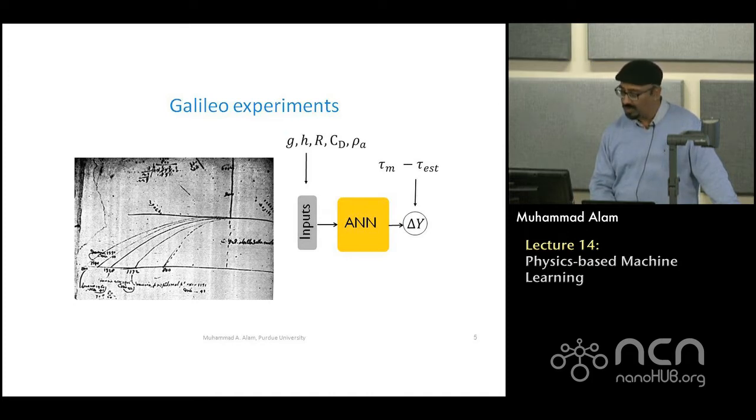The radius of the ball, yes, he knew that, but how it affects things, he did not know. The friction, the drag coefficient, and the density of air are all controlling the placement. And what he was trying to do was to look at the time or the distance it took to fall here.